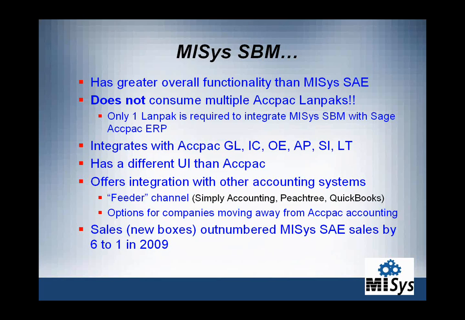So they buy MICE's SPM to integrate with Simply or Peachtree or QuickBooks, the product that they have now or they're looking at. And down the road, if they say, great, we've outgrown this accounting system, which certainly will happen if a company grows, all they have to do is buy ACPAC. We flip a switch, and boom, it integrates with ACPAC as opposed to their other accounting system.